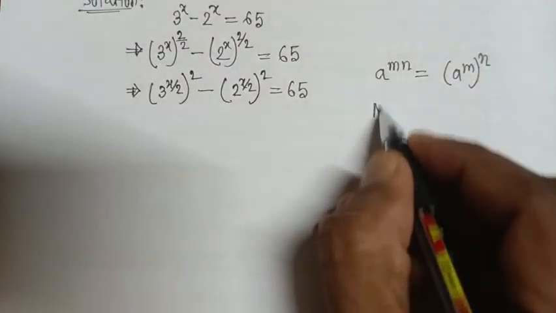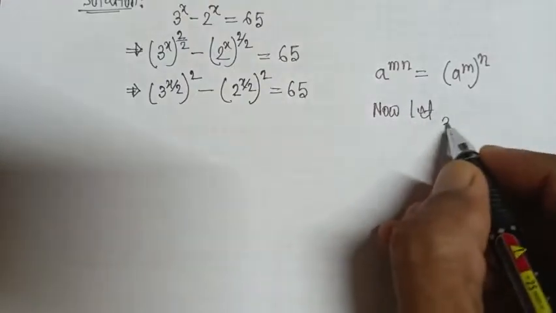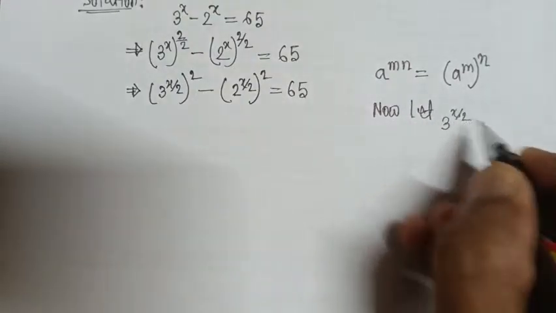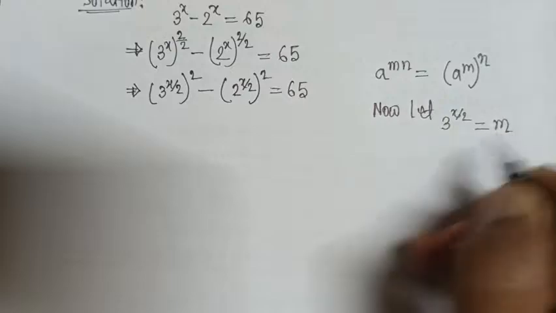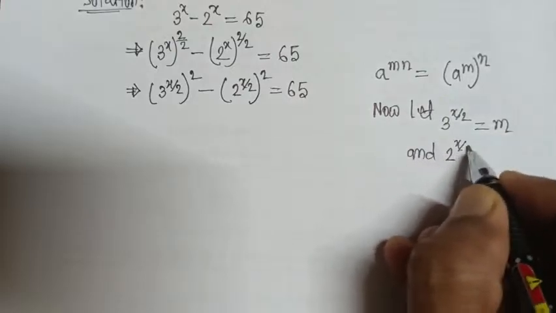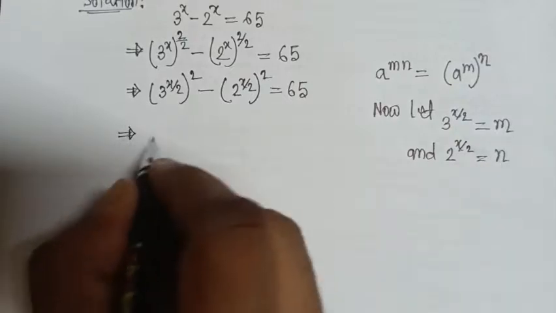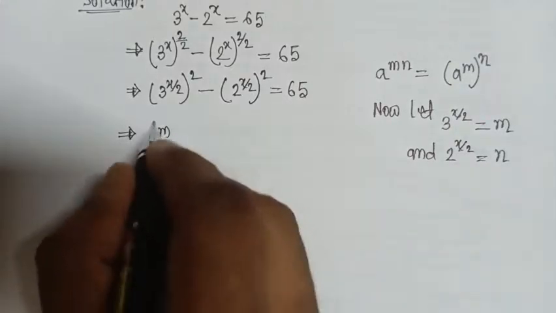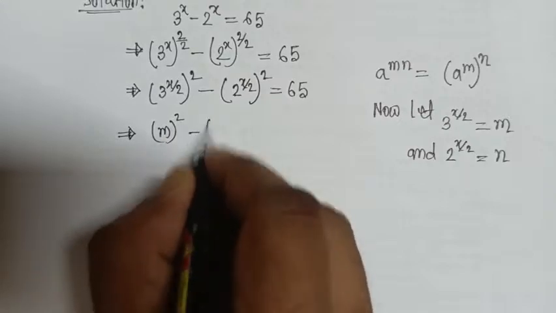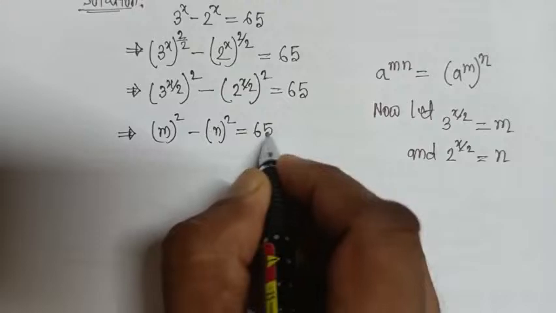Now let 3 to the power x by 2 equal m and 2 to the power x by 2 equal n. Then the equation becomes m squared minus n squared is equal to 65.